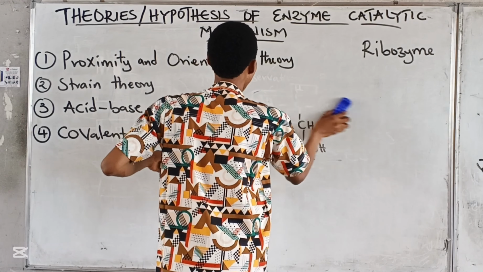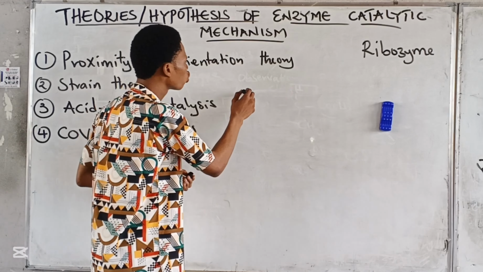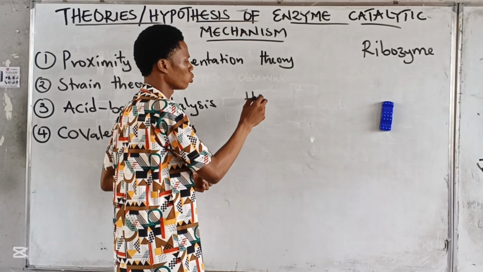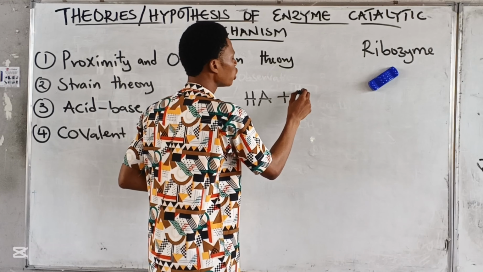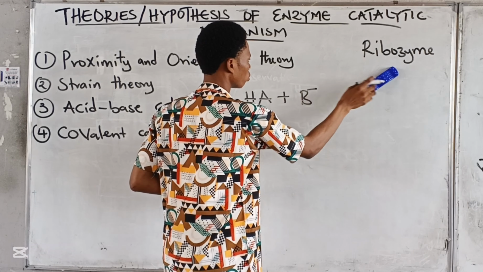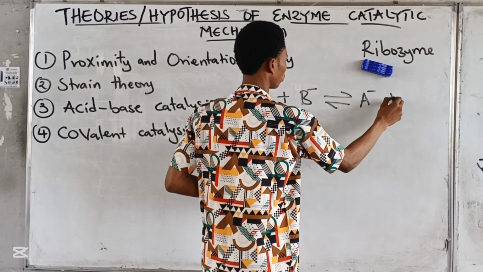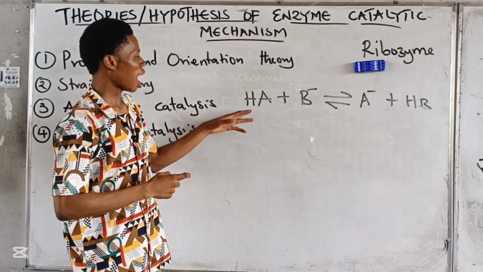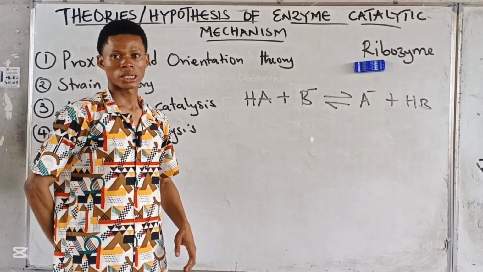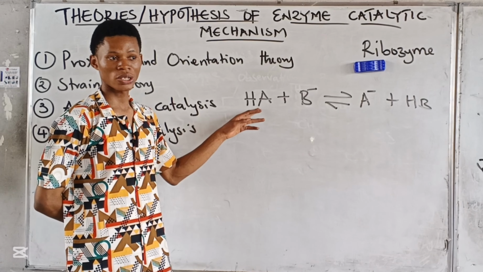Now, acids are substances that donate a proton or accept a proton? They donate a proton, right? Please, proton means hydrogen ion. Now look at this reaction. Among this and this, which one is the acid? HA is the acid, right?